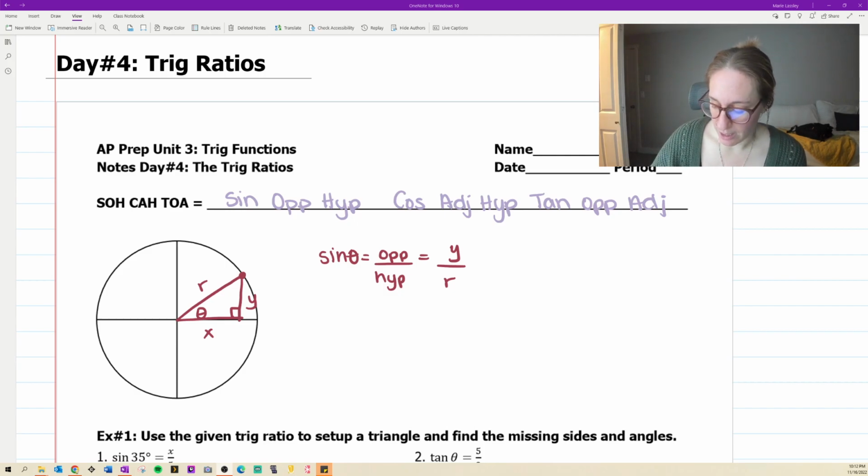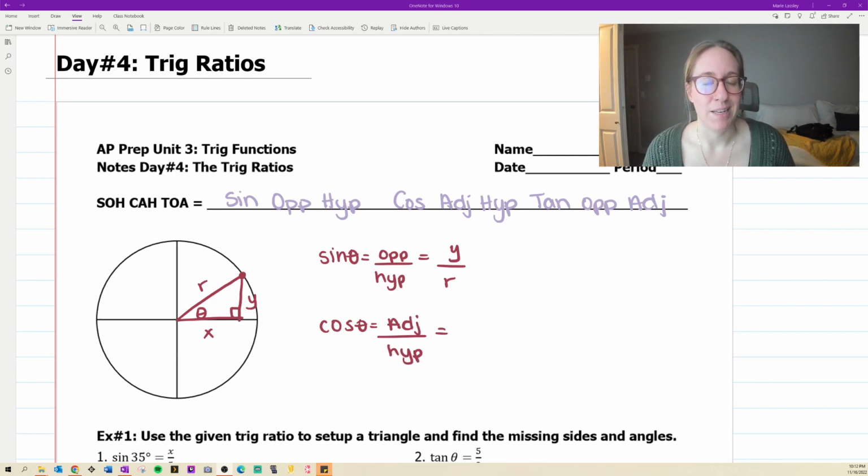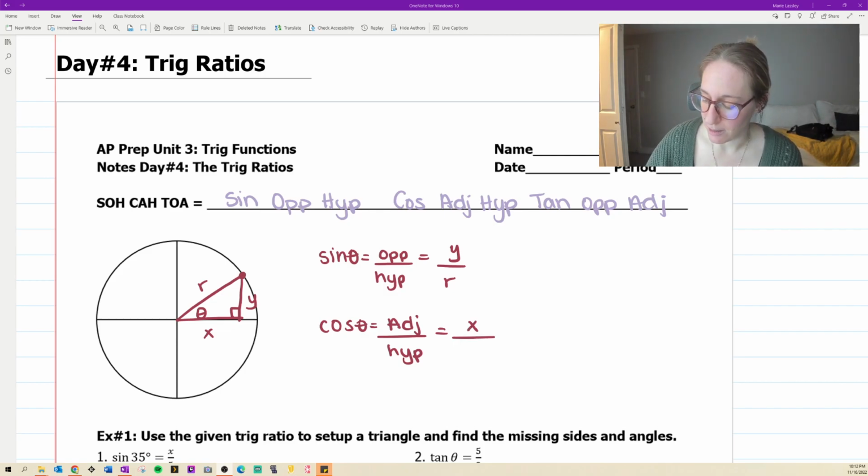All right, cosine of theta, which is adjacent over hypotenuse. Adjacent means next to or touching. In this case, theta, our angle, is next to or touching leg x. So x is our adjacent side, and our hypotenuse is r.